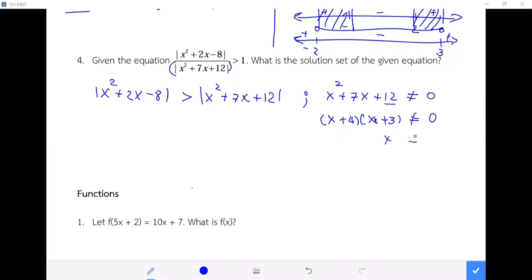So x is not equal to -3 and -4. This is your condition, to make sure that you don't have your equation divided by 0. Okay, so now you come back to this one.